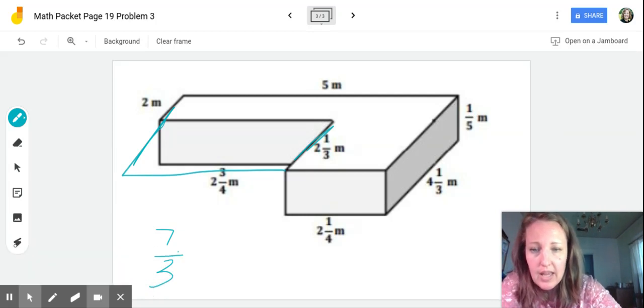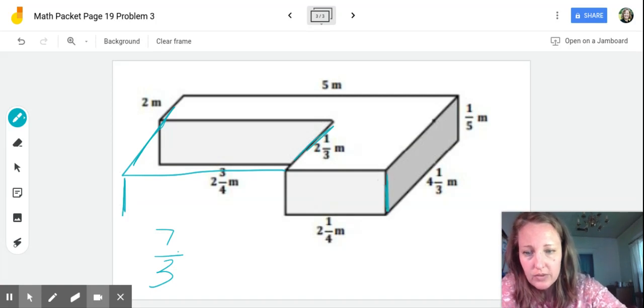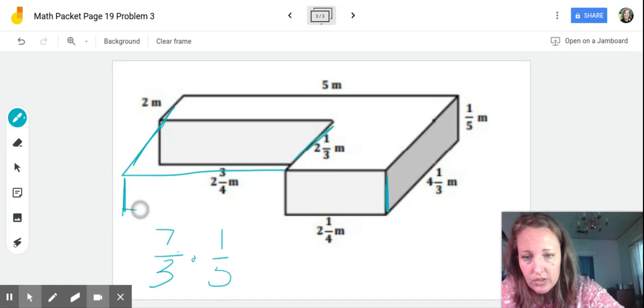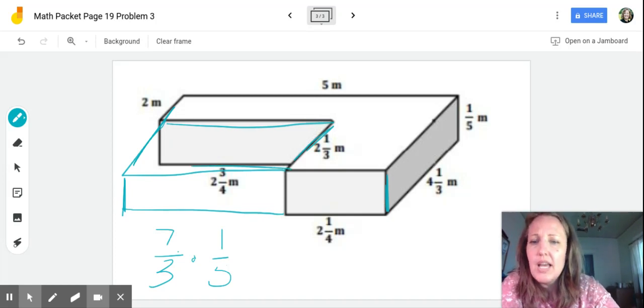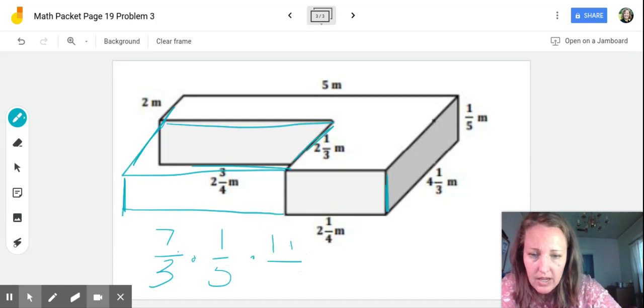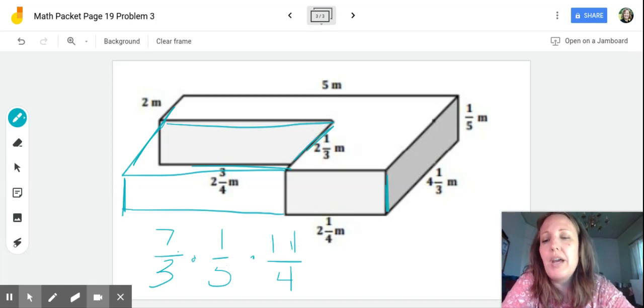Then we're going to use a height that matches right here, which is 1/5. And we're going to use this length, which is the same as here, which is 2 3/4. That's 8, 9, 10, 11/4. Okay? When you come back, I will be multiplying those all together.